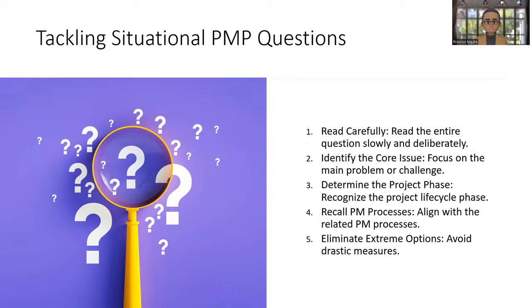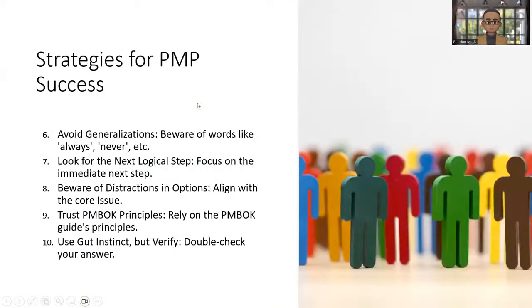You cannot shut down the project as the project manager. Project sponsor can, but you can't. So you need to look out for these extreme options and avoid drastic measures. Moving on. Avoid generalizations. Beware of words like always and never.